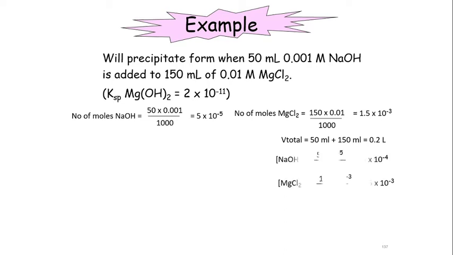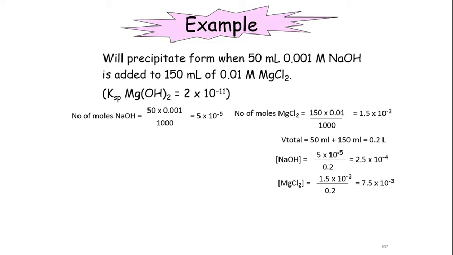So we take the number of moles divided by the total volume. So we get the new concentration of NaOH equal to 2.5 times 10 to the power of negative 4, and for MgCl2 the new concentration is equal to 7.5 times 10 to the power of negative 3.